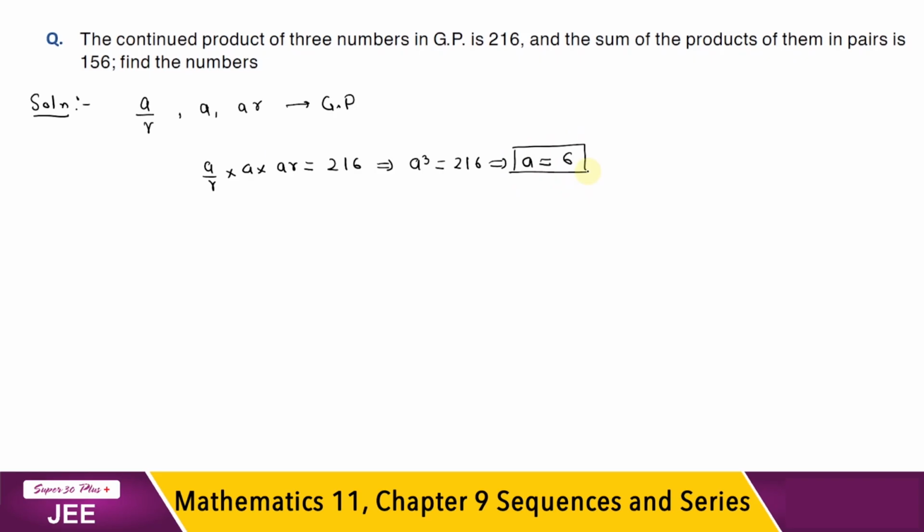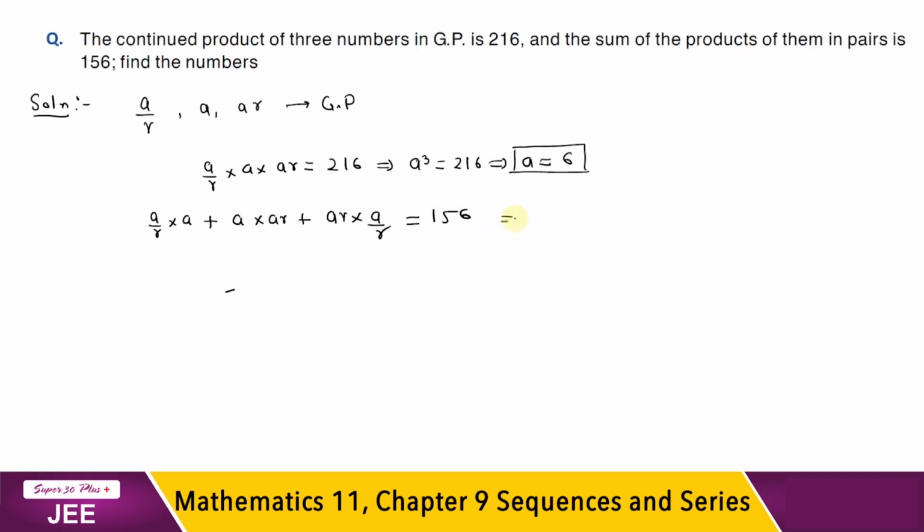So a becomes equal to 6, and the sum of the products of them in pairs means a by r multiplied by a plus a multiplied by ar plus ar multiplied by a by r. This is the meaning of this statement. Sum of the products of these terms taken in pairs is given to be equal to 156.